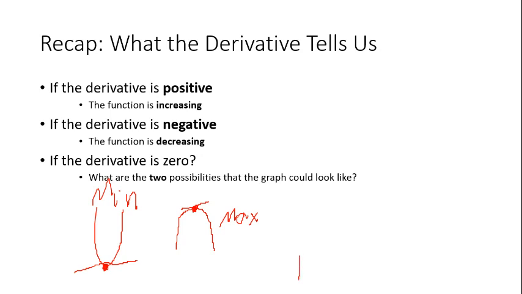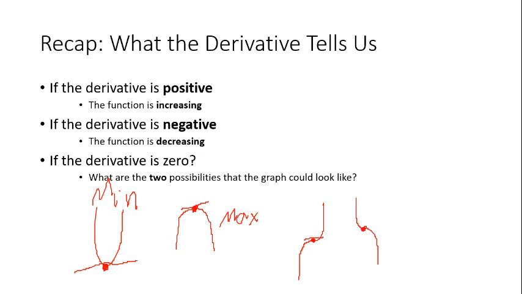Now, those are not the only ones. We have what are called saddle points, which go something like this. Think y equals x cubed and its behavior right in the middle. It flattens out right in the middle, and because it flattens out, that means the tangent line is horizontal, and the derivative is equal to 0. And it can go the other way as well, so think the graph of y equals negative x cubed, and you have that point right there.